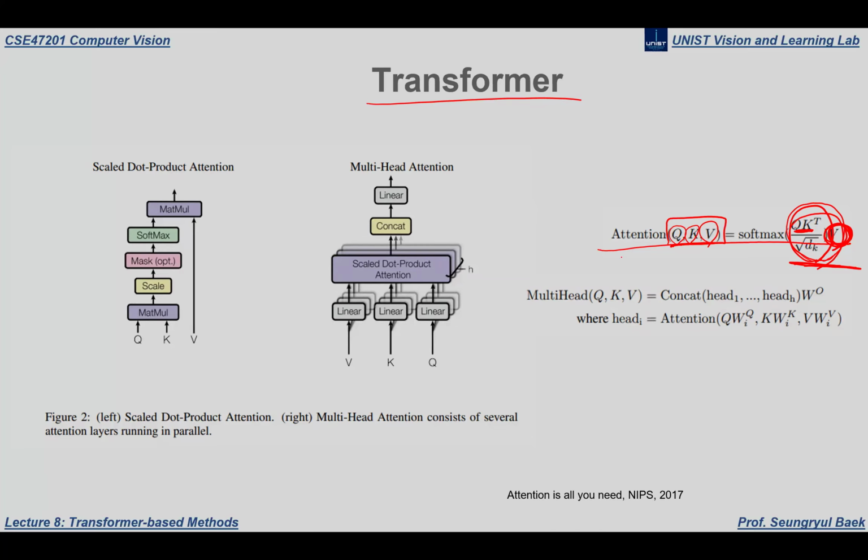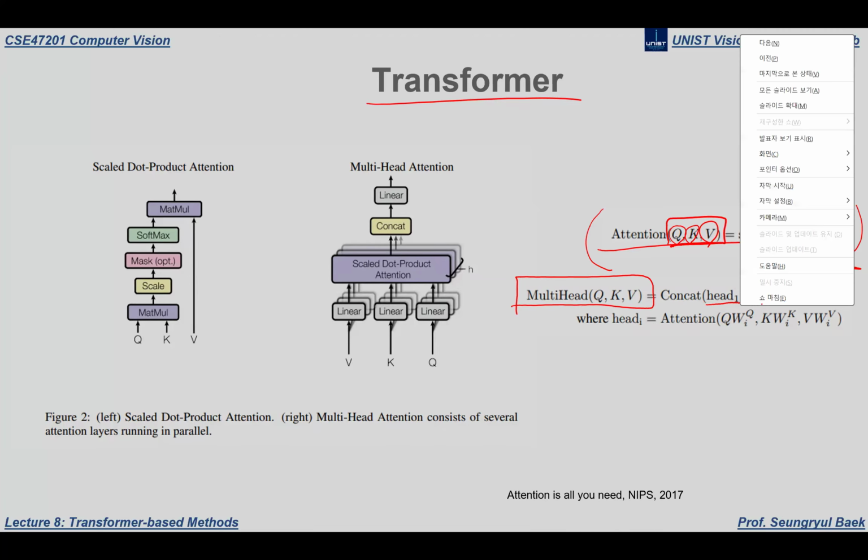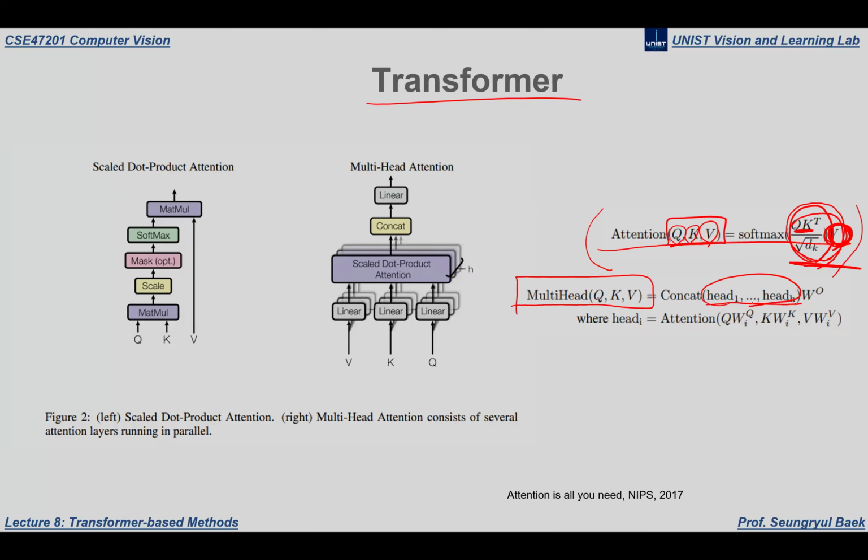But this is attention using just one stream. Normally we are using multi-head attention, which means there are multiple heads for this attention mechanism. This makes the attention responses more robust by giving some randomness.